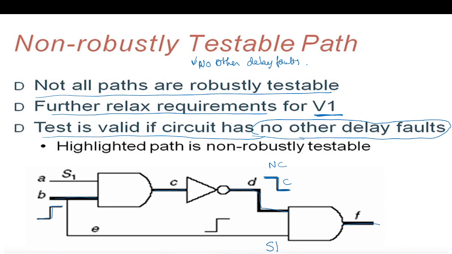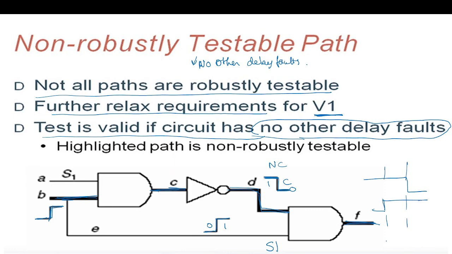But in non-robustly testable, we assume that this is the only path which is having a delay fault. So here we have another transition, which is say 1, 0. And because of the delay, this output could have been delayed this much, and this remains the same.